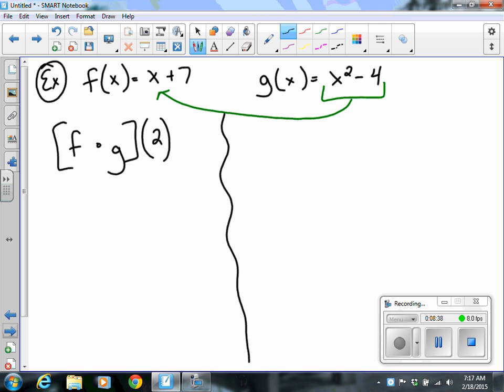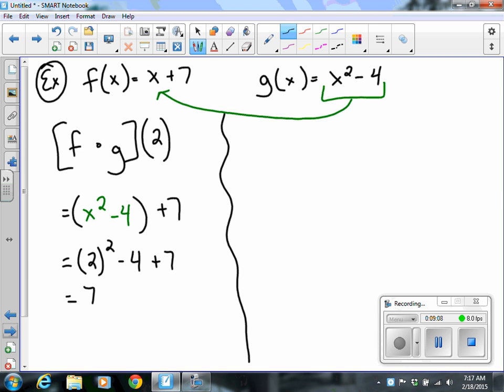So this really is x plus 7, and the x is now being plugged in with x squared minus 4. Do I need to simplify anything there? No. So now I can plug the 2 in and simplify. Plugging this into my calculator, I get my answer of 7.